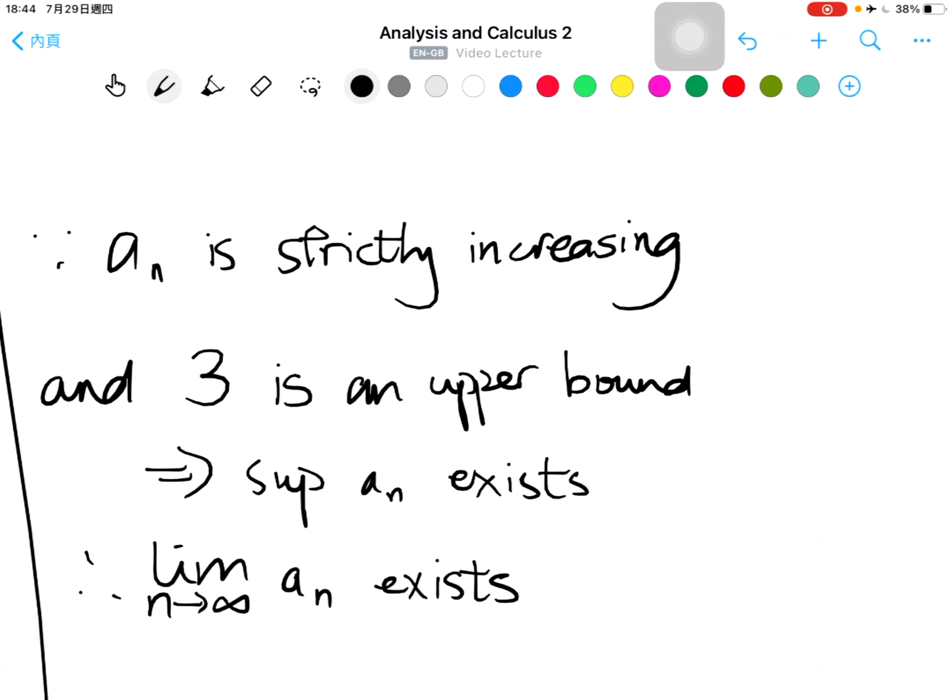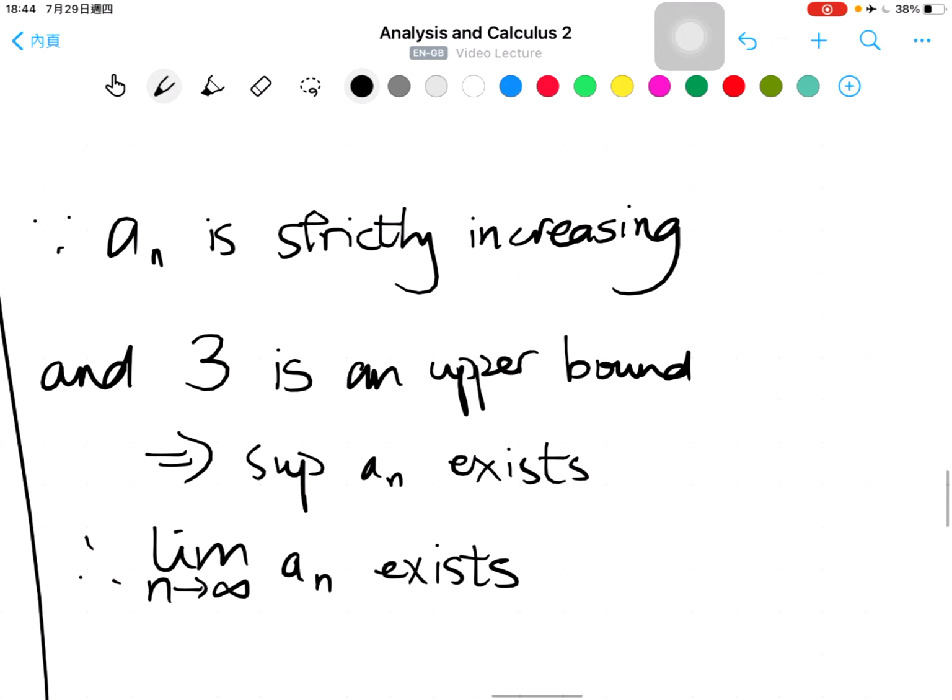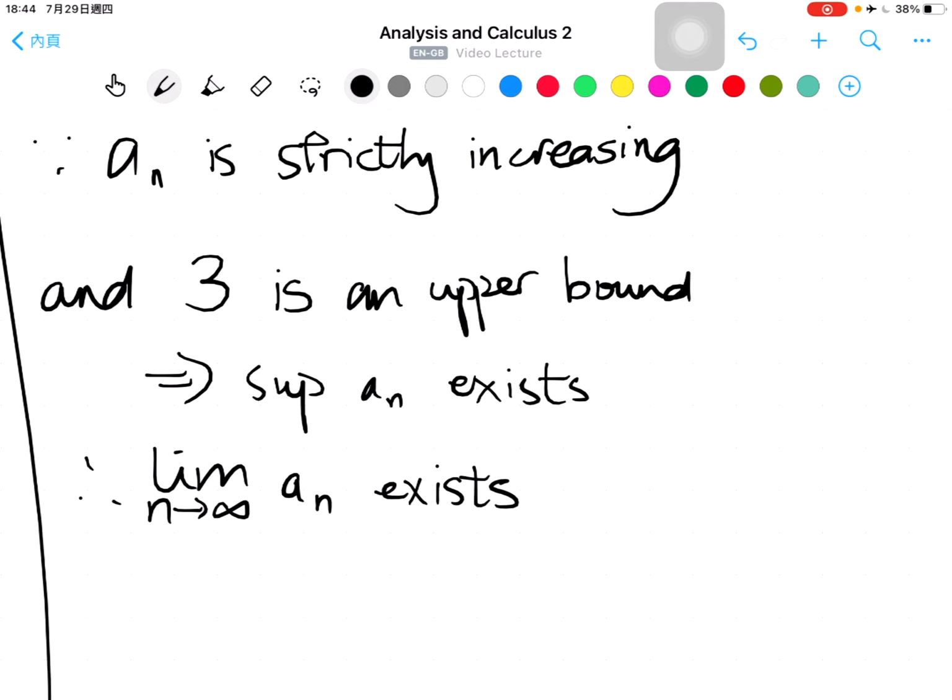This exists, and now we're going to tell you that this limit is denoted as e. This limit is denoted as the letter e, known as Euler's number, also the natural constant. And its value is approximately 2.718281828.